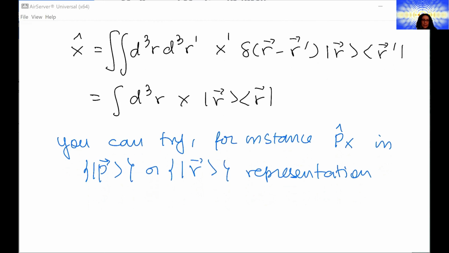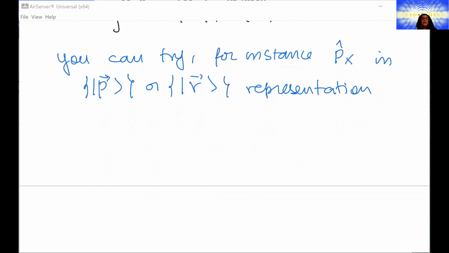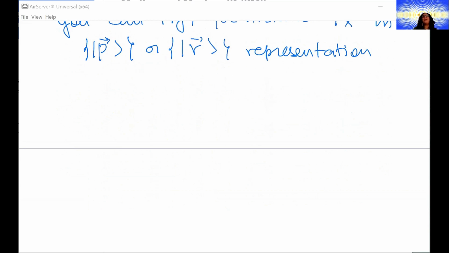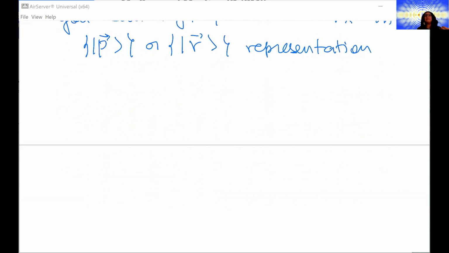Okay, now we can also show, and this is important because we need to know how we go from one basis to the other, something we have seen a lot: a representation of p in terms of plane waves and things like that, right?